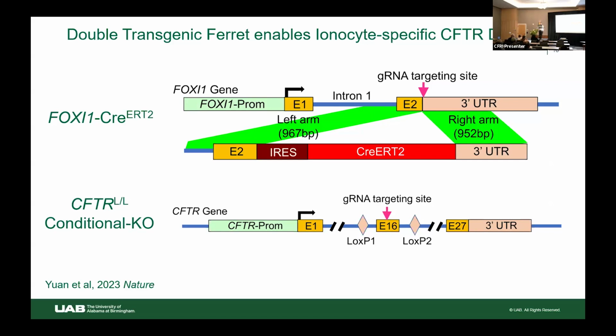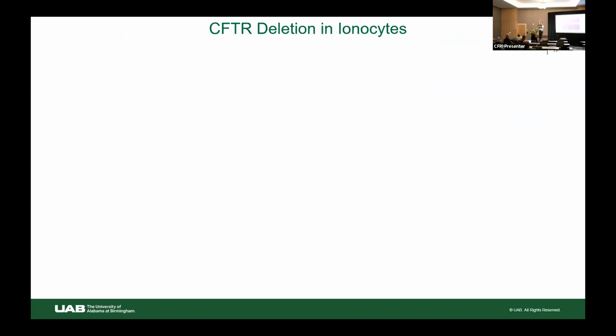So in the double transgenic ferret FOXI1-CreERT2 CFTR flox, we're able to specifically delete the CFTR gene in pulmonary ionocytes when we expose either the culture system or those animals to tamoxifen.